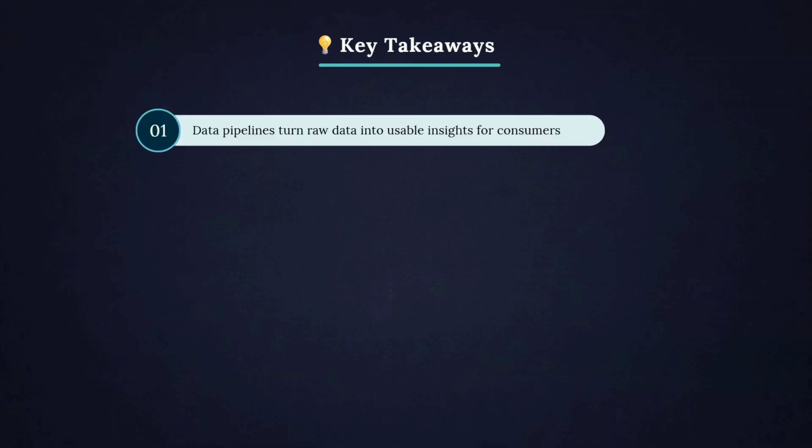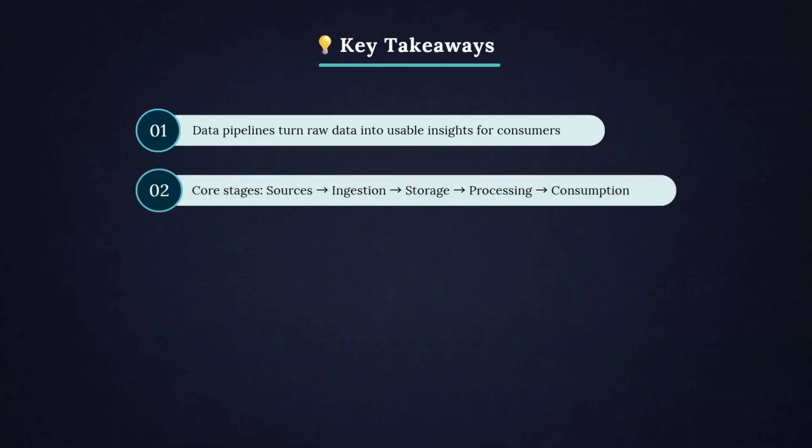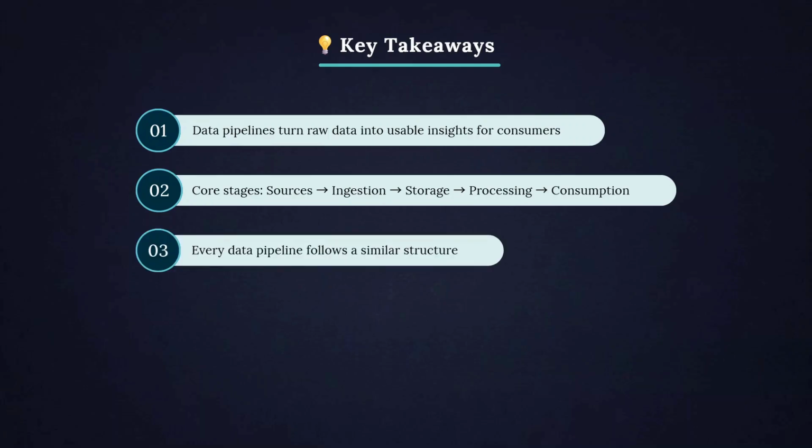Let's quickly recap the key takeaways. First, data pipelines take raw, messy data and turn it into usable insights for people. Second, every data pipeline follows the same core stages: data sources, data ingestion, data storage, data processing, and data consumption. Third, while pipelines may look different across companies, they all follow a similar structure.